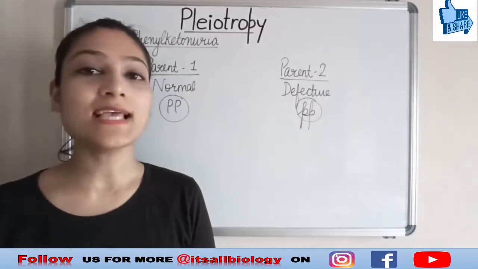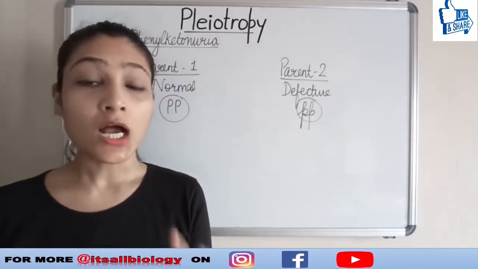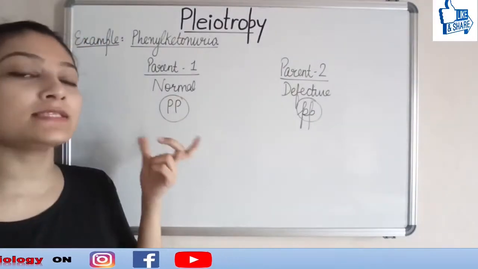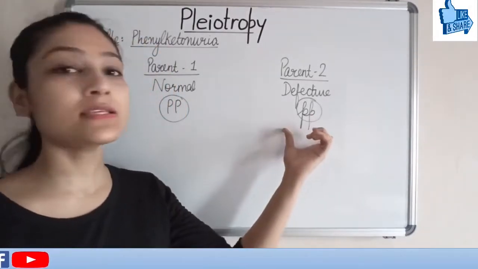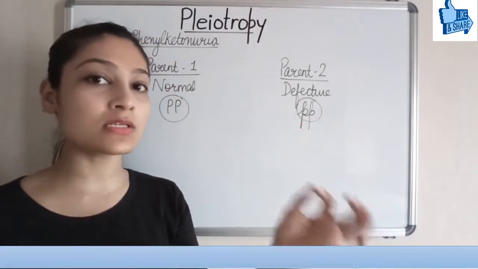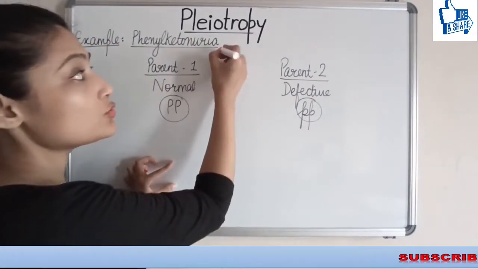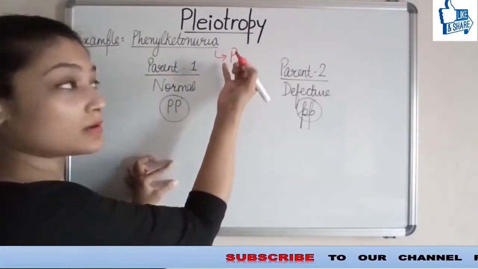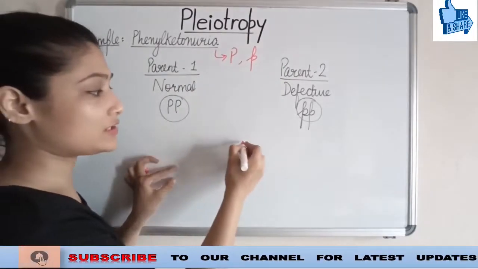The first example which I have written here for you is of phenylketonuria. I have denoted two cases here. The first case has a parent with normal allele and the second case has a person with a defective allele. The allele for phenylketonuria we will be denoting with a P, dominant with a capital P, and this one for a defective p.